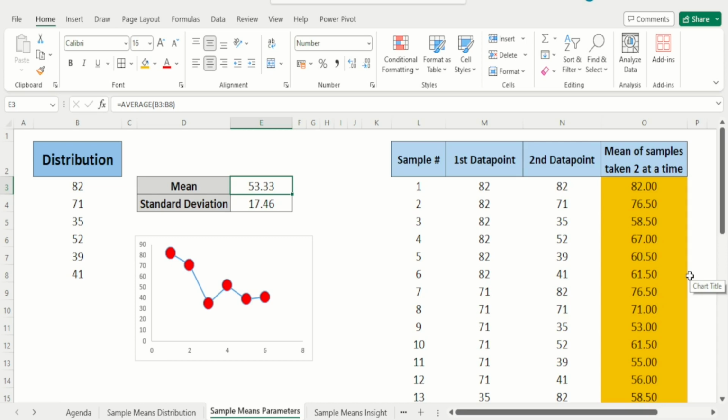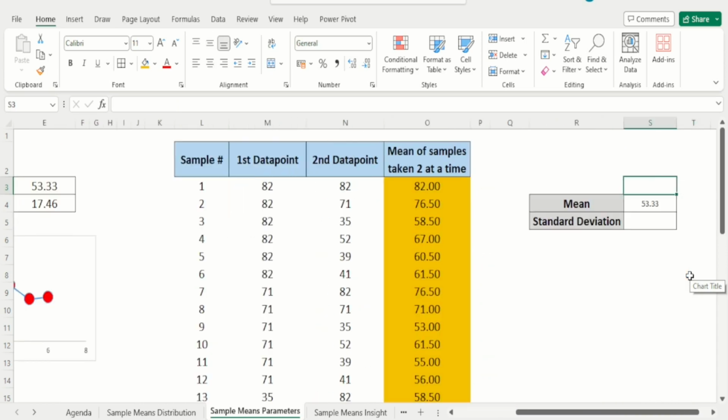And this is a very important result for multiple reasons. Remember that we have taken the samples two at a time, but you can replicate this by taking 3 or 4 or 5, depending upon how large your population is.